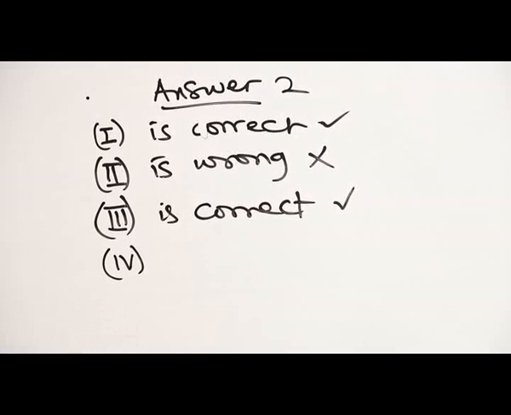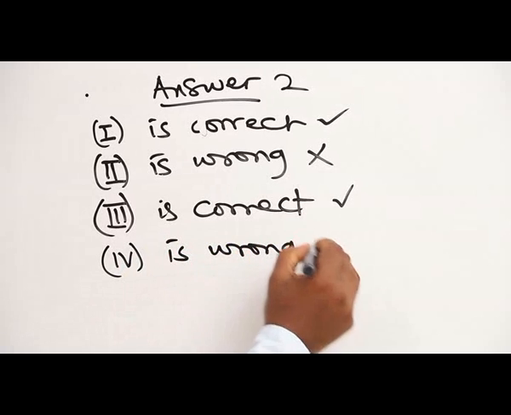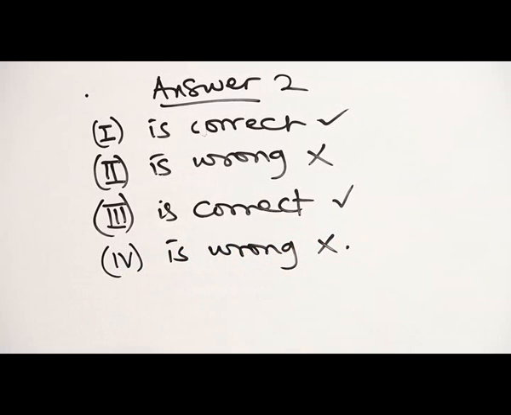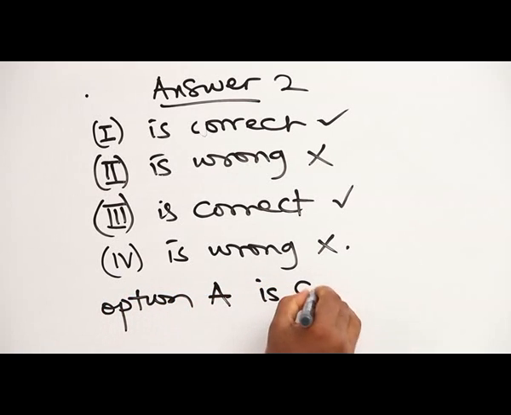So, option IV is wrong. By this, option A, which is I and III, is correct.